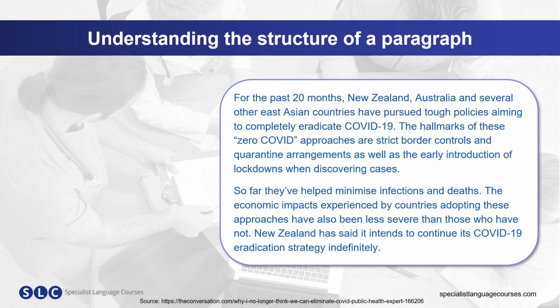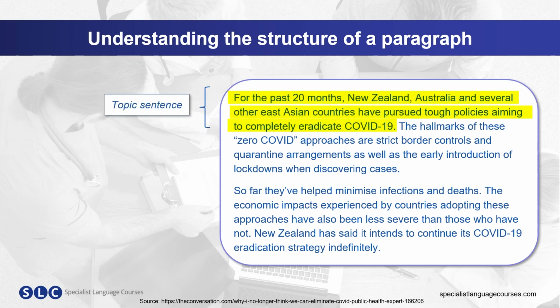Here you have the next two paragraphs in the article. Read the paragraphs and break down the structure of the paragraph to make sure you have understood it fully, and summarize each point made in the paragraph. Okay, let's take a look together. Here we have the topic sentence.